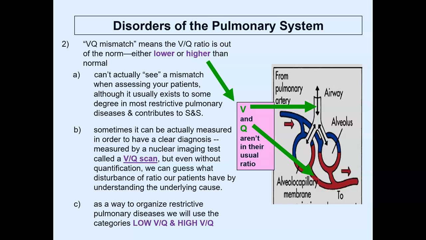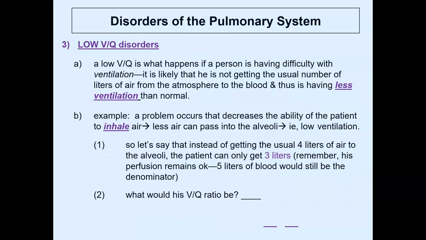Because it is a ratio, the VQ ratio can either be higher than normal or lower than normal. So again, our marker is 0.8 as the normal VQ ratio, and therefore now we're going to further divide our restrictive disorders into restrictive low VQ disorders and restrictive high VQ disorders.